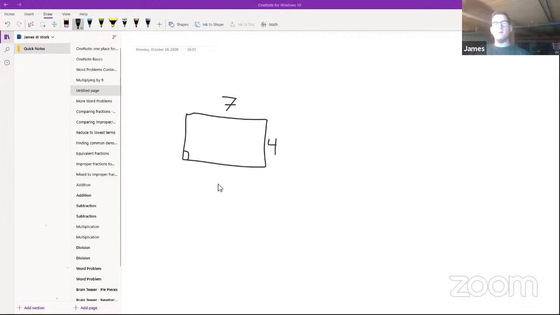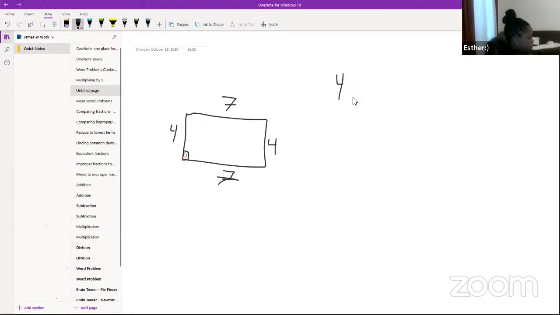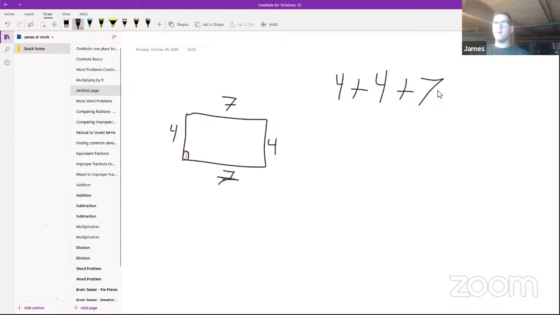It's got 2 7s and 2 4s. So there are 2 ways we can do this. We can add up the 4 plus 7 and then multiply by 2, or we can just add everything together. It's gonna be 22. 4 plus 4 plus 7.